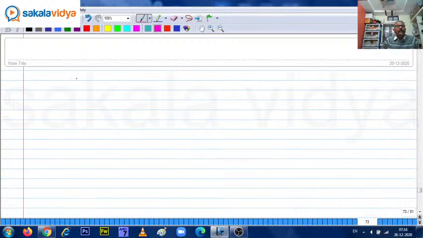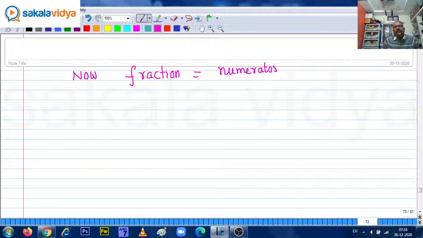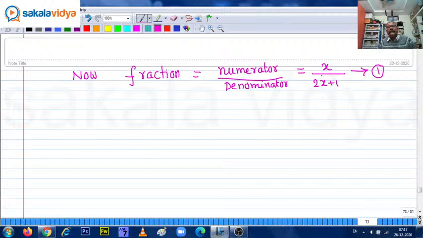So now the fraction is equal to numerator by denominator. So we can write x upon 2x plus 1. Say this is equation 1. If you know the x value, easily we can find the required fraction. But our aim is to find the x value first of all.